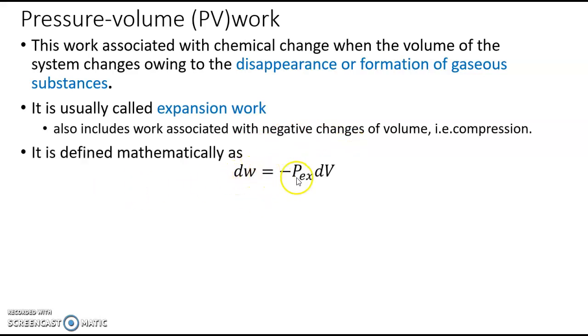Mathematically, dW, the change as it happens, is given as negative external pressure multiplied by dV.